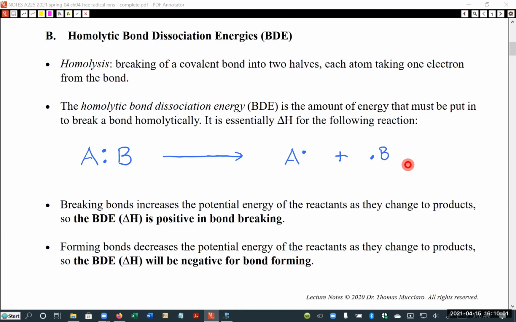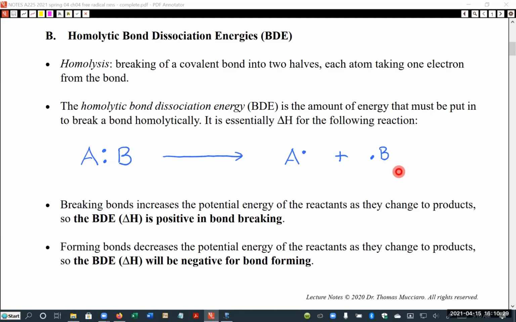Homolytic bond dissociation energies are in many ways much more useful because they generally are not affected by the solvent, whereas heterolytic bond dissociation energies change depending on the solvent, because once you separate those species and they become charged, then the solvent interacts and changes delta G, changes delta H.